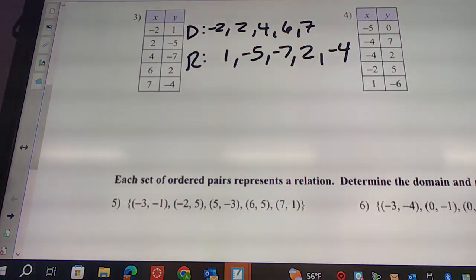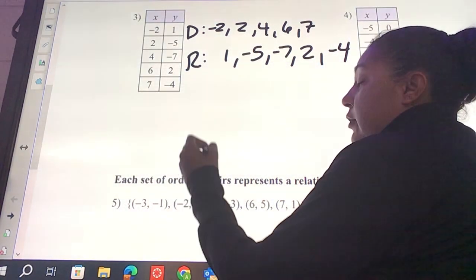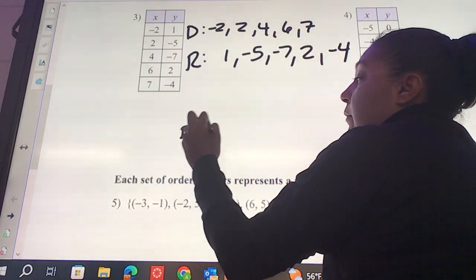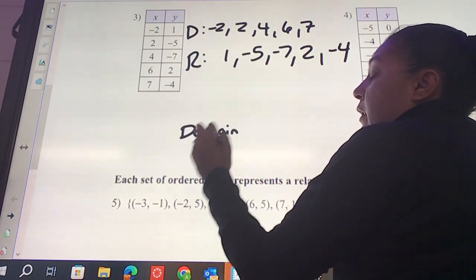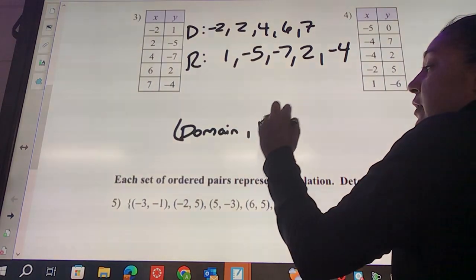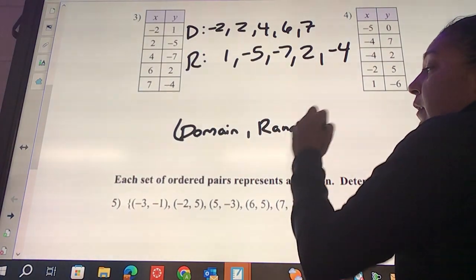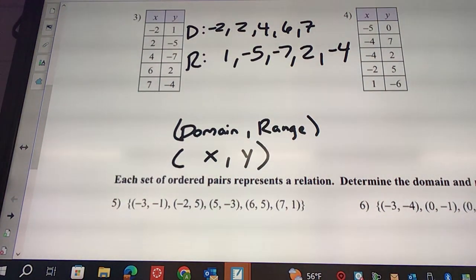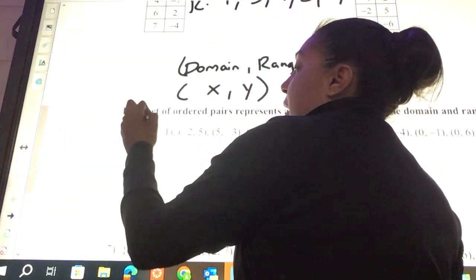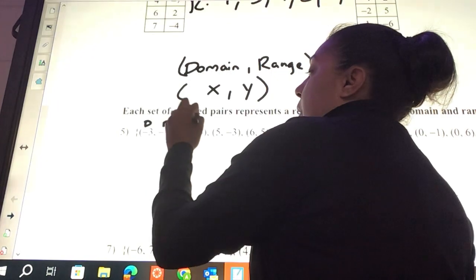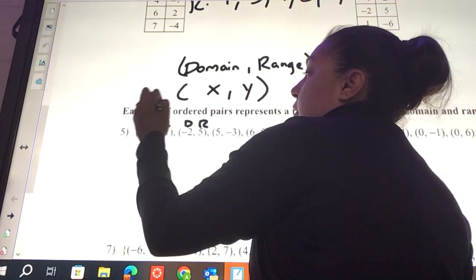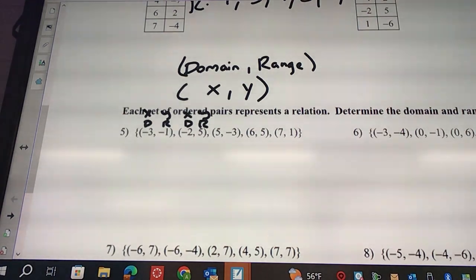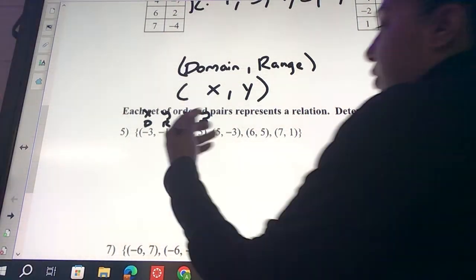So when we're doing ordered pairs, we already know that the domain does the x and the range does the y. So really this looks like this, x, y. So this is my domain, range, or x, y, no matter which way you want to look at it. You're going to list it out just like we did before, it's just different.